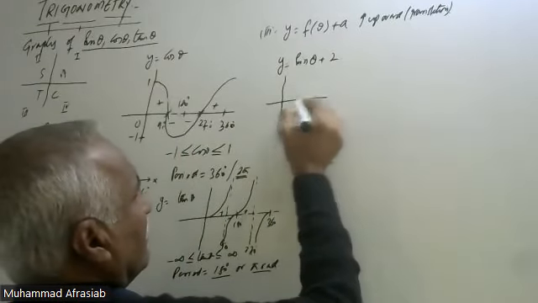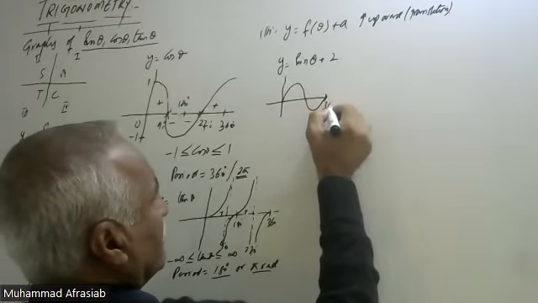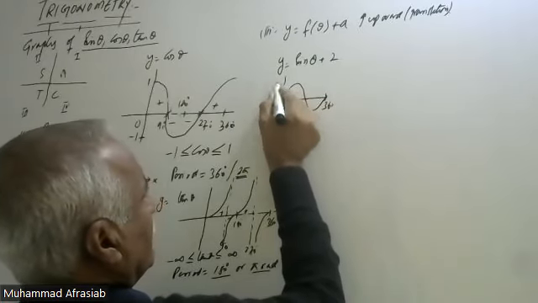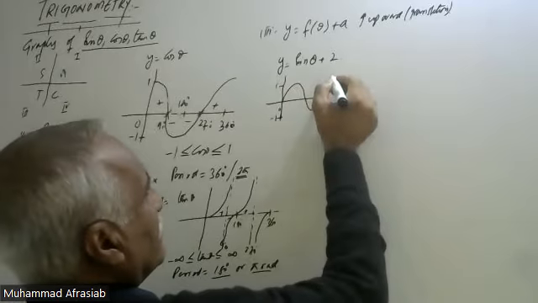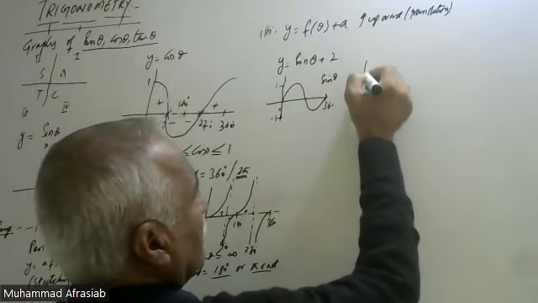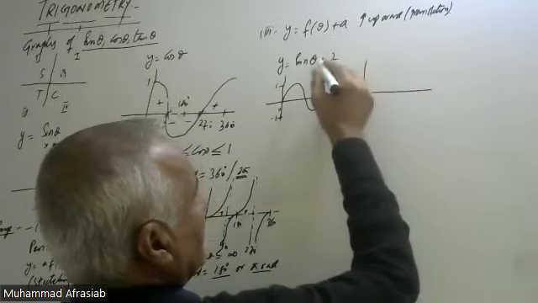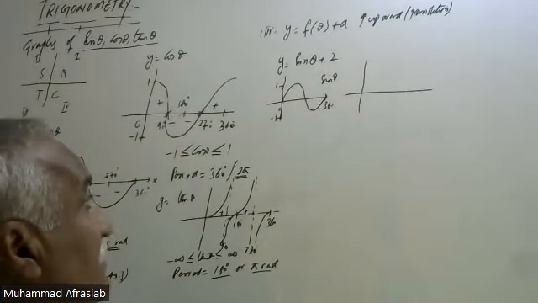This is the graph of sine theta from 0 till minus 1. So now we draw the graph of sine theta plus 2. That means every value will be 2 units translated upward there.